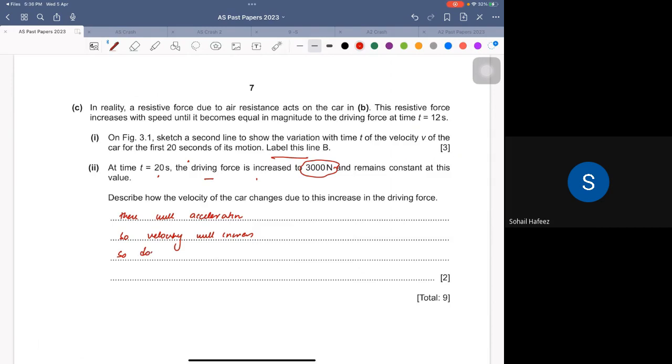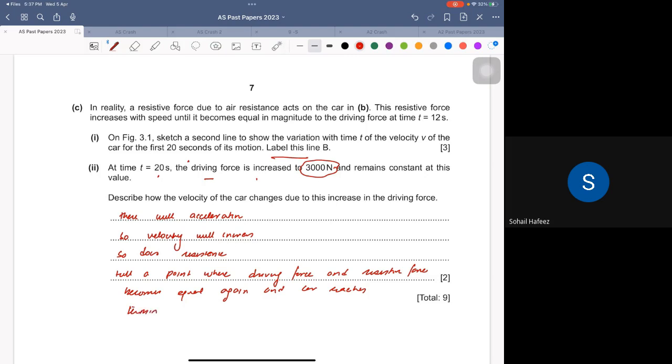So does resistance, till a point where driving force and resistive force become equal again, and the car reaches terminal velocity.